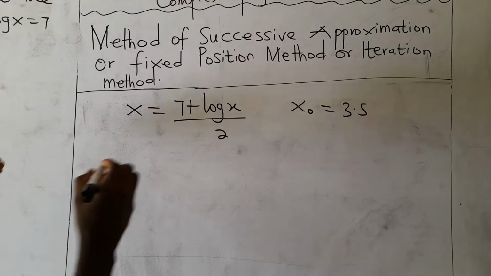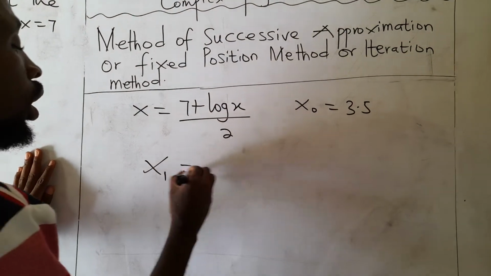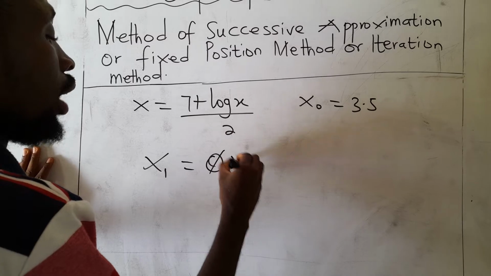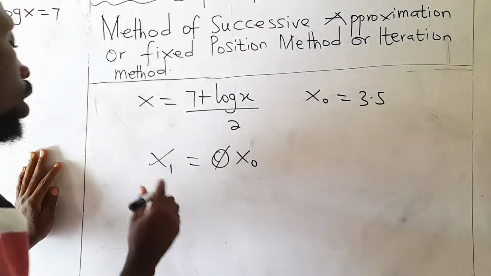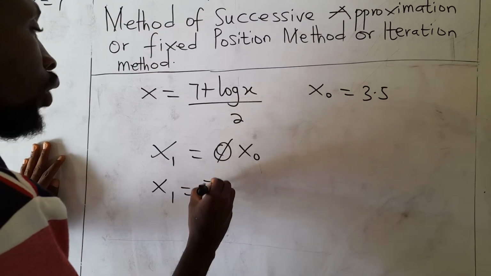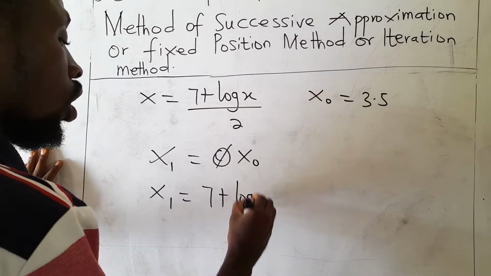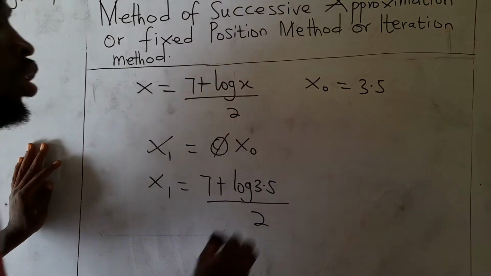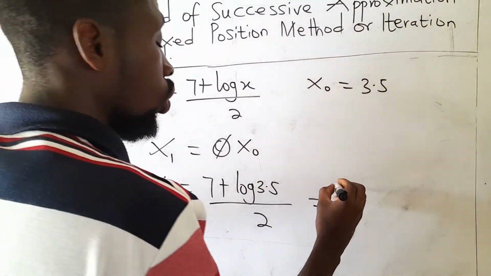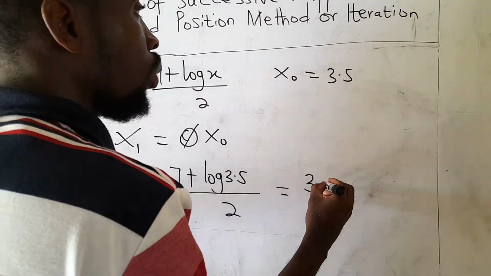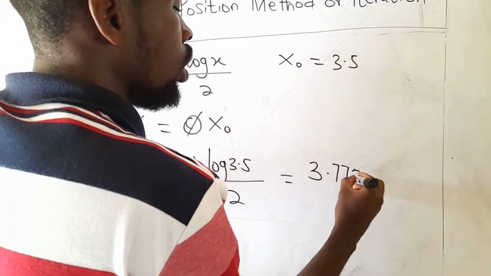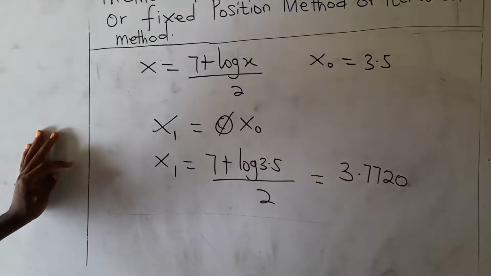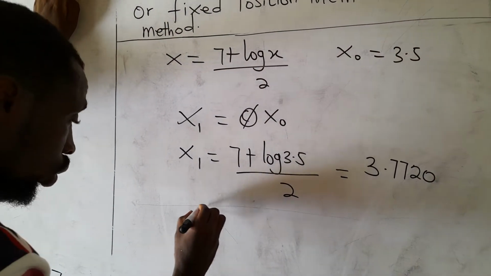So we say our x1 will be the substitution of x naught in place of x. So our x1 will be equal to (7 plus log 3.5) all over 2. When we solve that very well, we'll get our x1 to be 3.7720. Now find our x2.